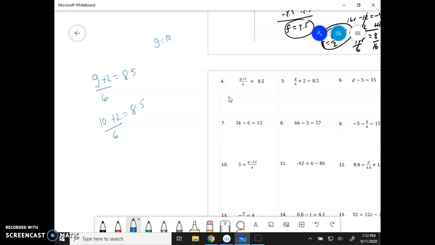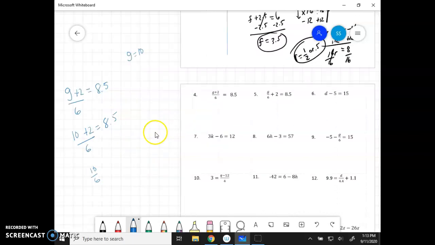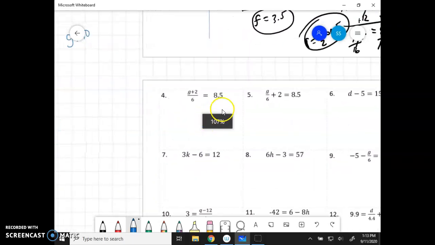You would want to add those two first and then divide. So to solve the equation here, we want to do the opposite of everything. We want to do the opposite of division first, and then the opposite of addition next. And that's exactly how we're going to solve this one here.